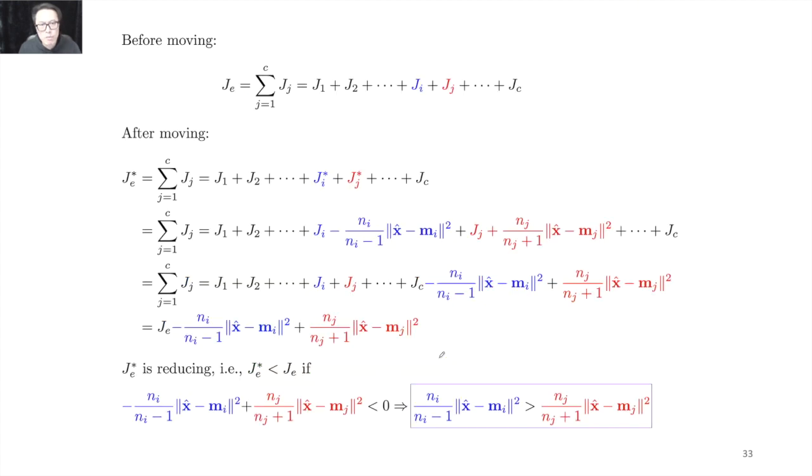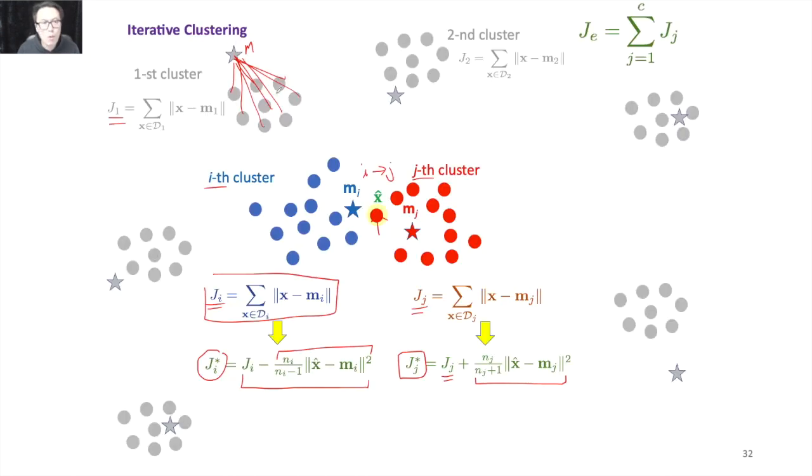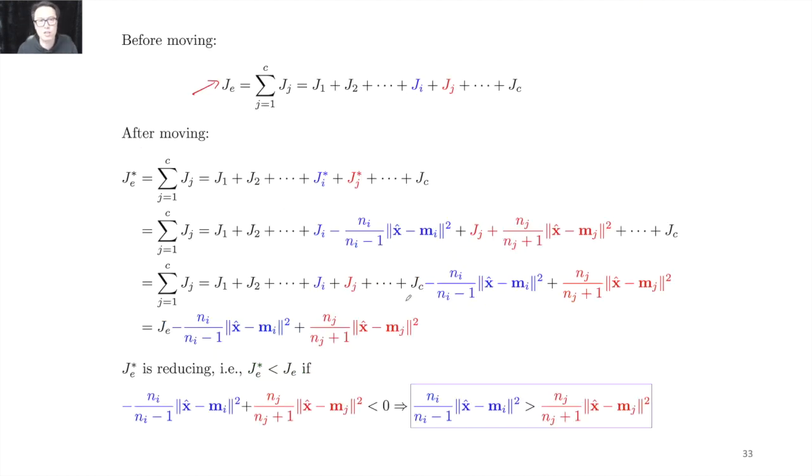Now, before moving, this is Je. We sum up all the distances corresponding to each subcost. So the total cost is J1 plus J2 plus J3 plus Ji plus Jj, up to the last cluster. This is before moving.